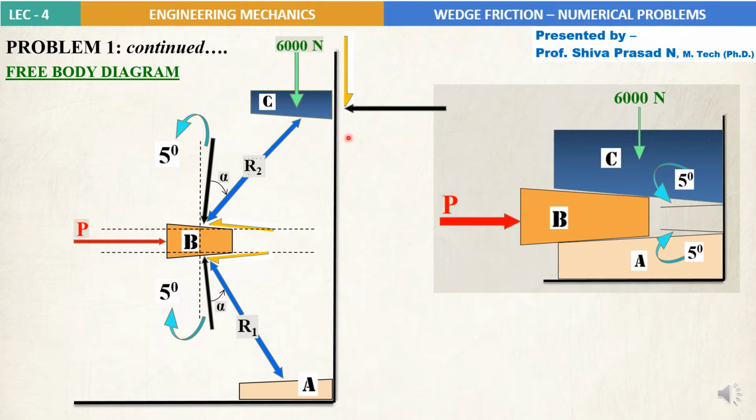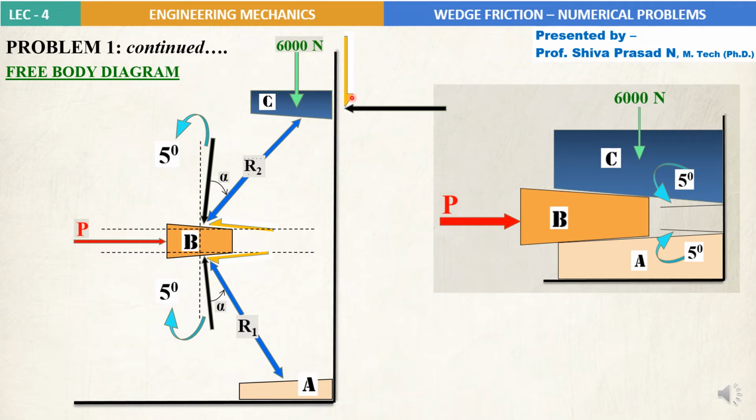Frictional force, I am marking it in the downward direction. Why? The reason is due to the application of force P on the wedge B, the stone block C will be lifted upwards. So for that reason I show the direction of the friction, that is this orange colored arrow.